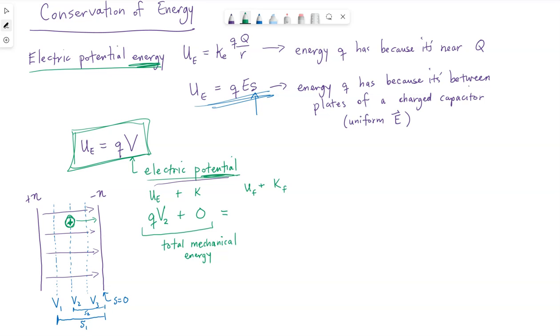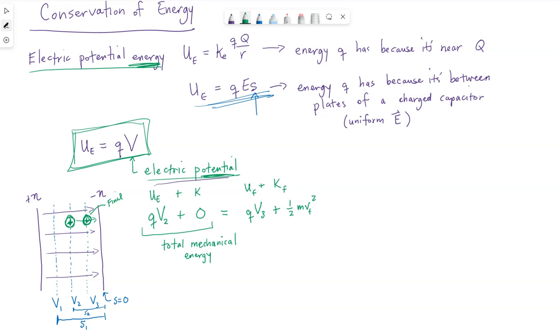So depending upon where we're talking about as our final location, say we want to know how fast the charge is going, here, this is our final location. Well, our charge is at a location where we have V3, so there is still some potential energy, but it is also moving.